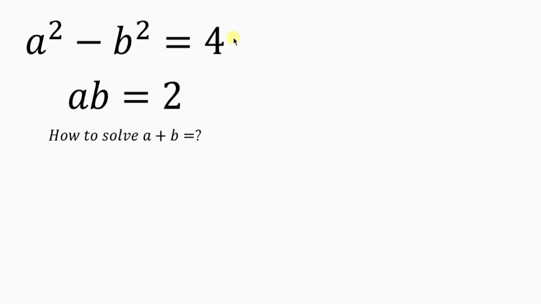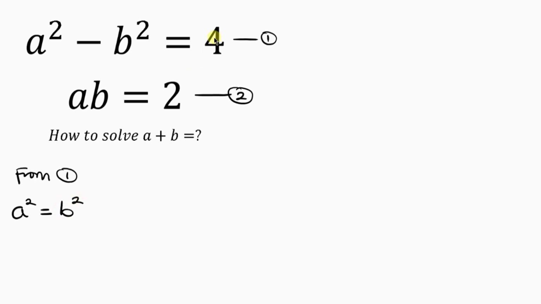My first step will be to call this equation 1 and I'll call this equation 2. So now let's focus on equation 1. From equation 1, I'm going to be moving negative b squared to the right hand side. When I do that, I'll have a squared remaining on the left equal to, as negative b squared crosses to the right, it becomes positive b squared.